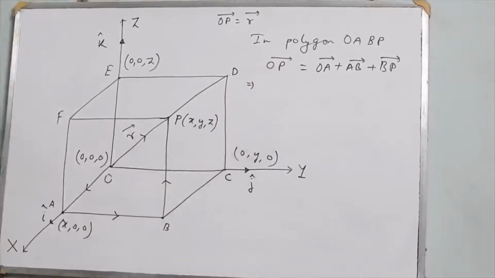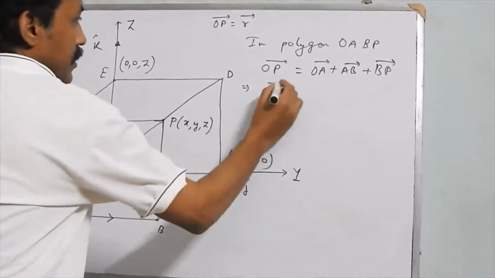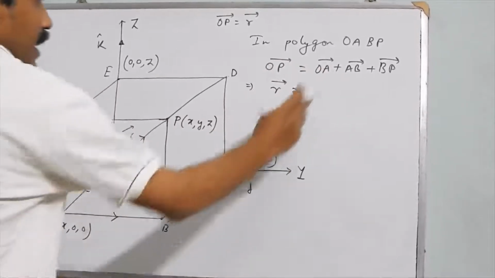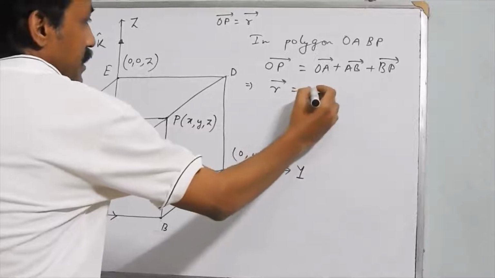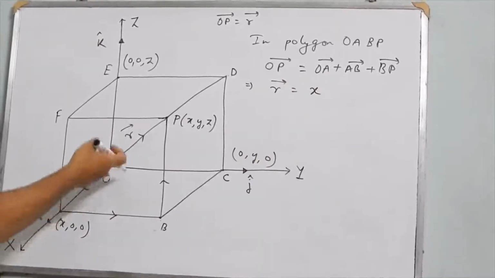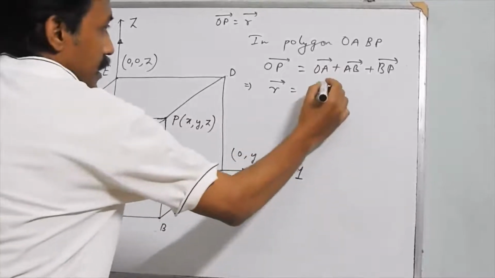OP vector is R vector, and what is OA? OA is x in magnitude and its direction is along the x-axis, so this is x i hat.